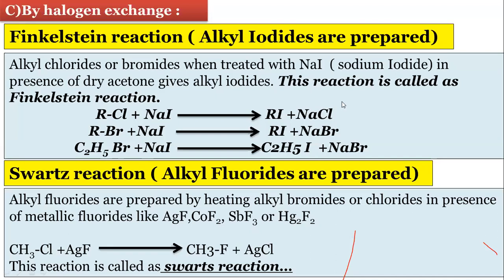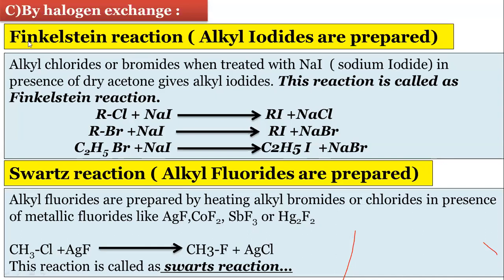Then the next reaction is by halogen exchange. The name itself suggests halogen is exchanged in this. There are two reactions, Finkelstein and Swarts reactions. In many previous board exams, these reactions were asked. So be careful. Remember these reactions carefully. I will also give a hint on how to remember them. See, Finkelstein reaction starts with F. Finkelstein reaction does not give alkyl fluorides.